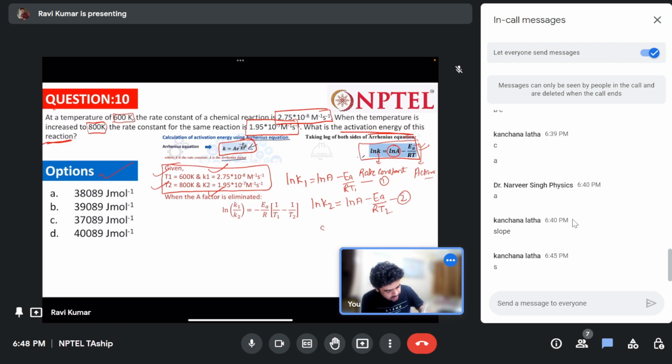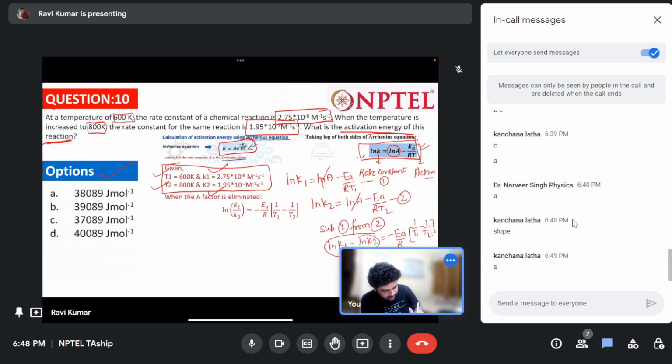Just subtract 2 from 1, then you will have ln K1 minus ln K2 equals, so this ln A will be cancelled, minus EA upon R, 1 upon T1 minus 1 upon T2, and ln K1 minus ln K2 you can write as ln K1 divided by K2.